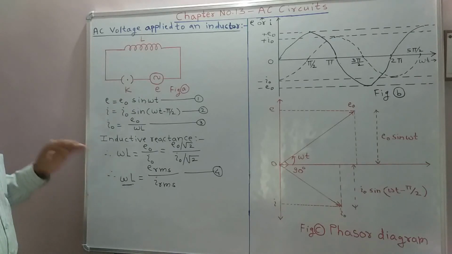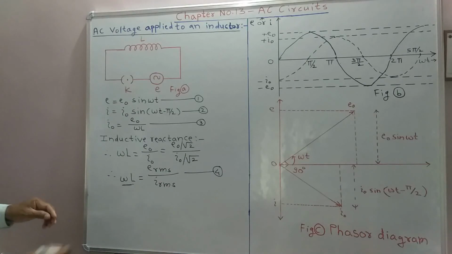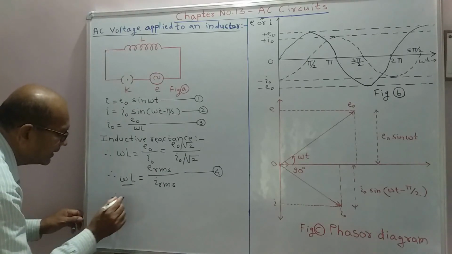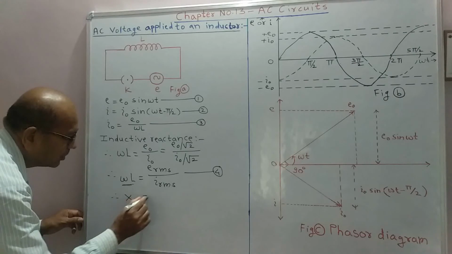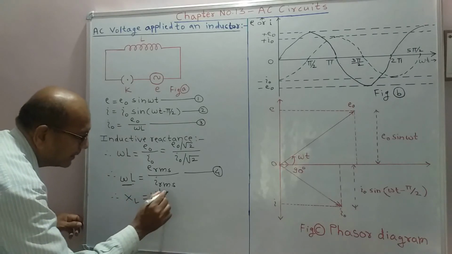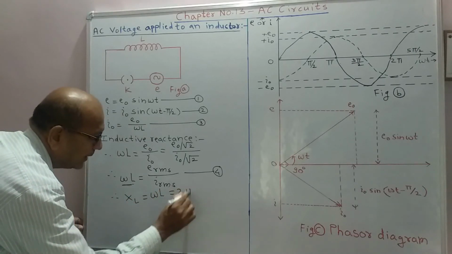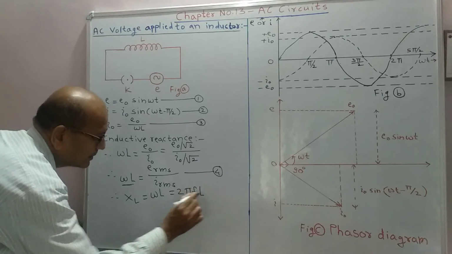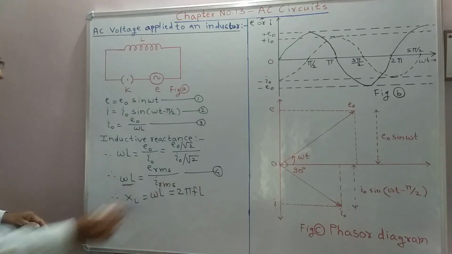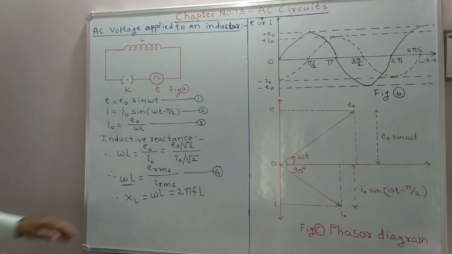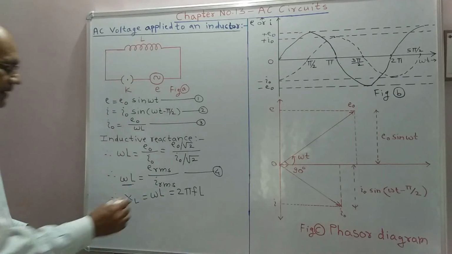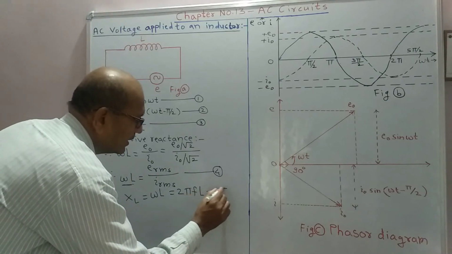It is called inductive reactance and denoted by XL. Therefore, XL is equal to omega L equal to twice pi f L, since omega is equal to twice pi f, where f is frequency of AC. This is equation number 5.